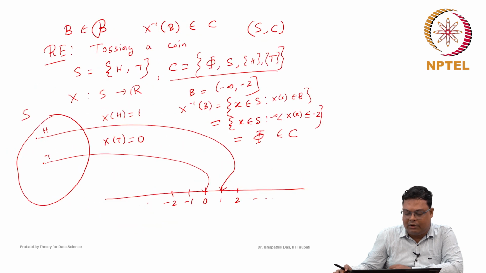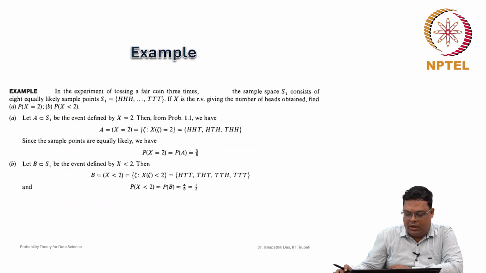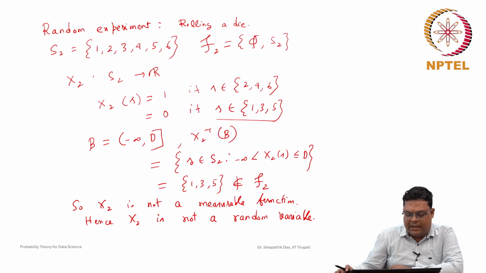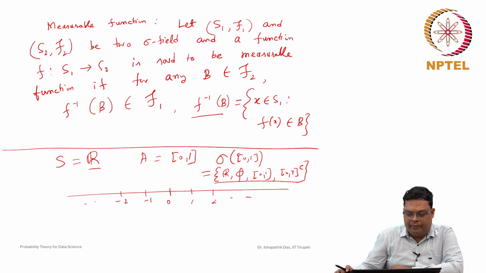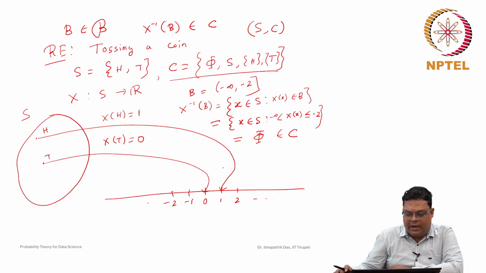For this example, you can see X less than or equal to 1. We can also define X1 less than or equal to X2. So, let us do one numerical example.